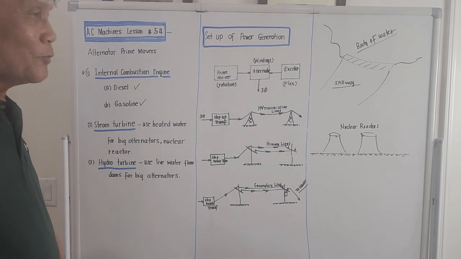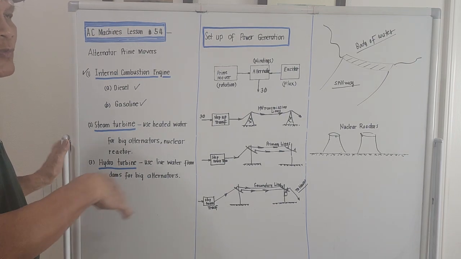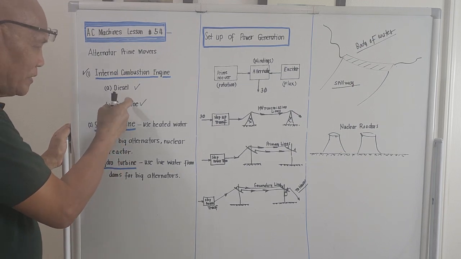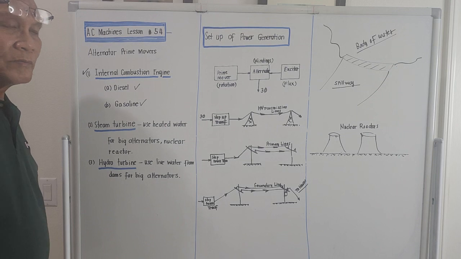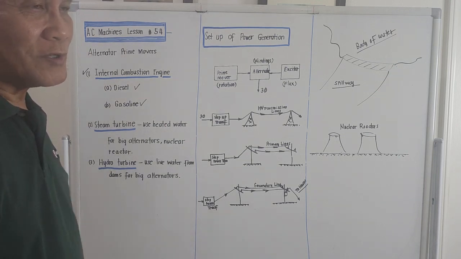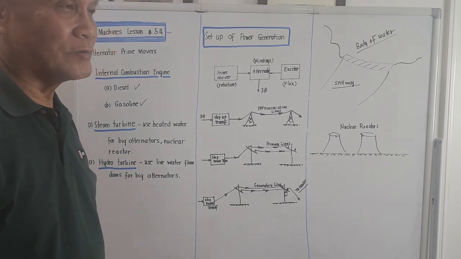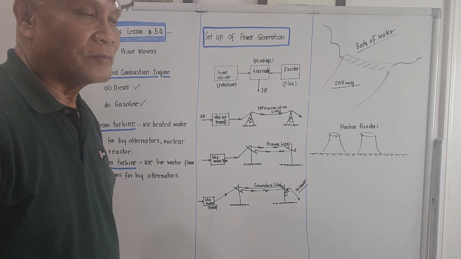So for small alternators that only power up not so many houses, the prime mover could be a diesel engine or a gasoline engine. Just make sure that you have a stock of diesel and gasoline to burn and to rotate that alternator to produce alternating current.